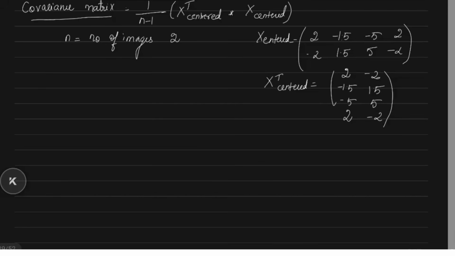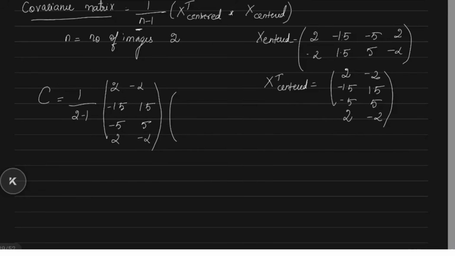This would be our X transpose centered. Now we are going to find the covariance matrix, and I'm going to name it C. So 1 by n minus 1, which is 1 by 1, into X transpose centered, then X-centered.